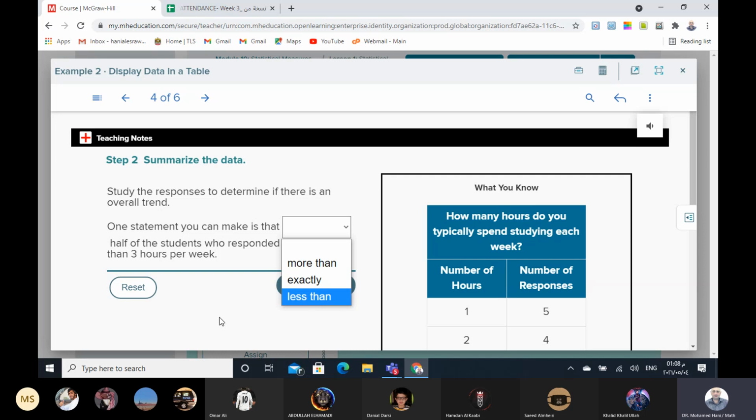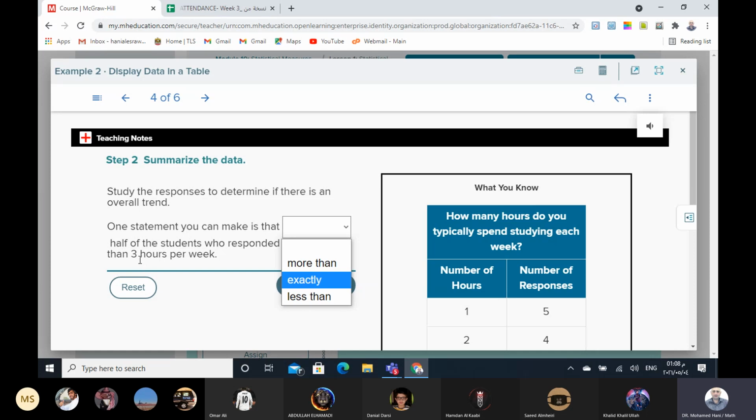What is your answer? One statement you can make is that half of the students who responded studied fewer than 3 hours per week. Is it more than half, or exactly half, or less than half?